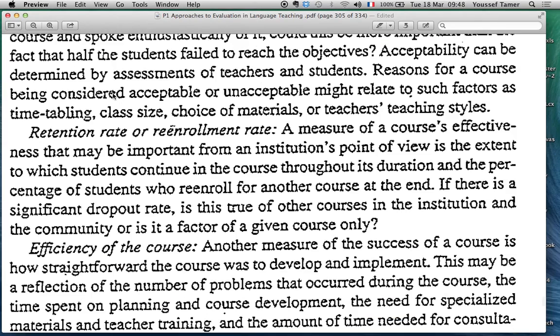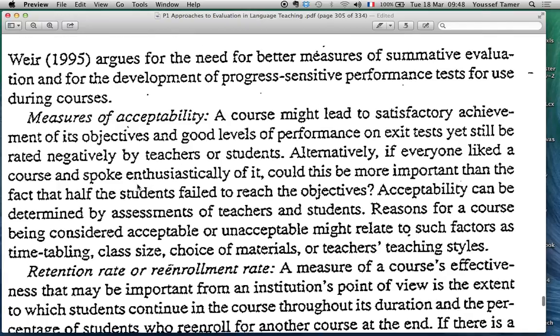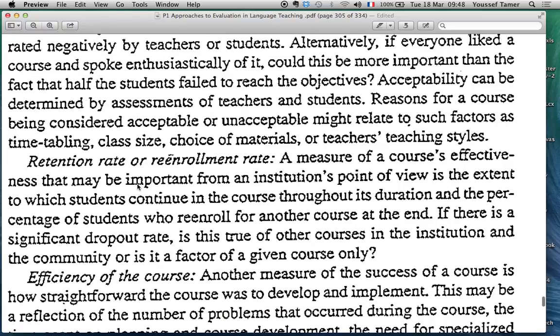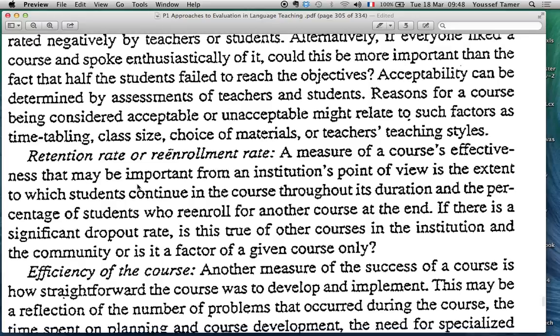Next one is retention rate or enrollment rate. There is another one, measures of acceptability. Okay, is it accepted among the students, teachers, etc.? Then retention rate and enrollment rate, re-enrollment. We're talking about the next generations. Do they choose the same program again and again? If it works, then it's a good thing.